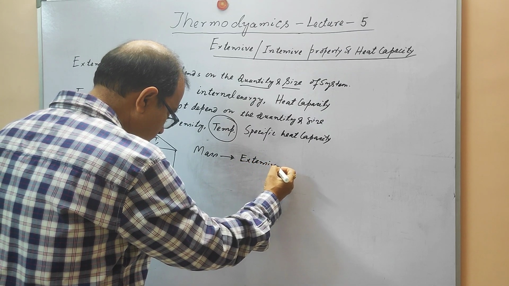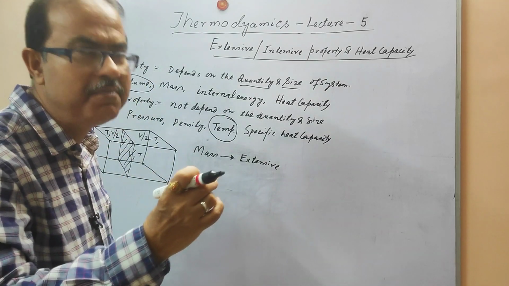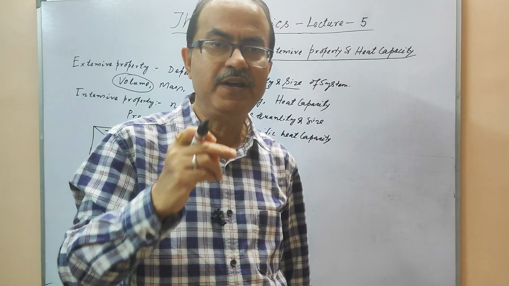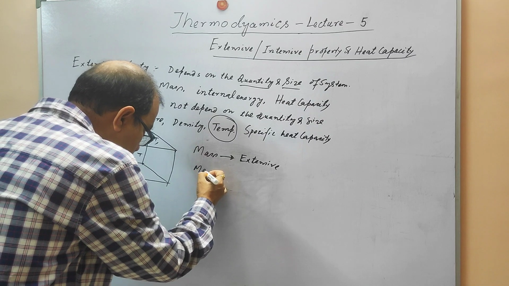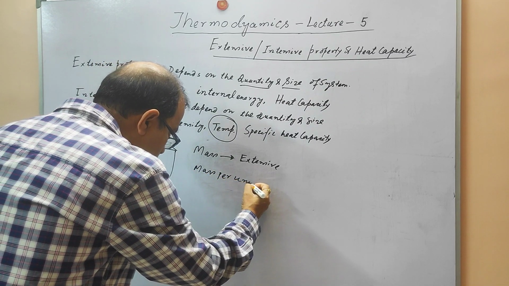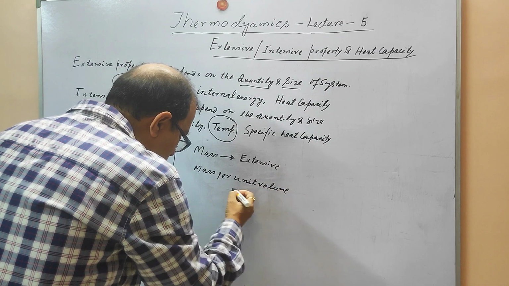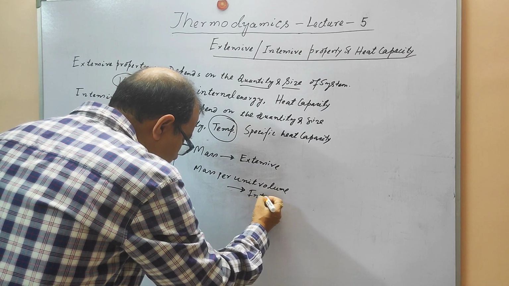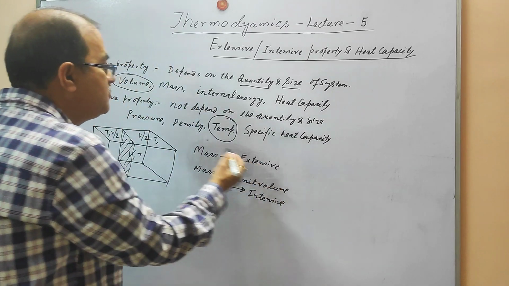Okay. Now this will become the intensive property when we specify the mass per unit volume, that is mass per unit volume will be the intensive property, because at that time the physical quantity is called the density.